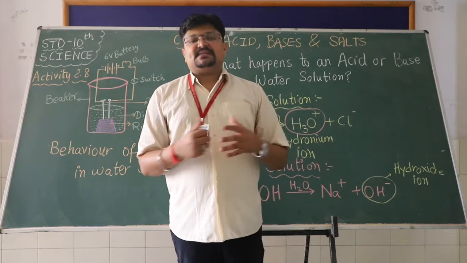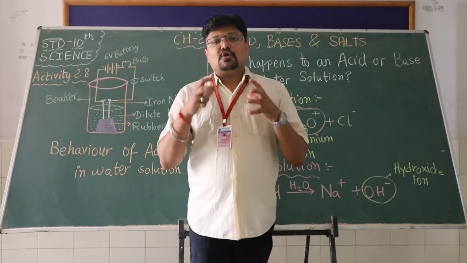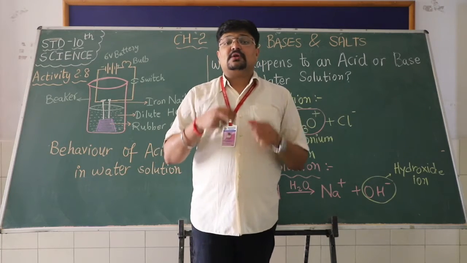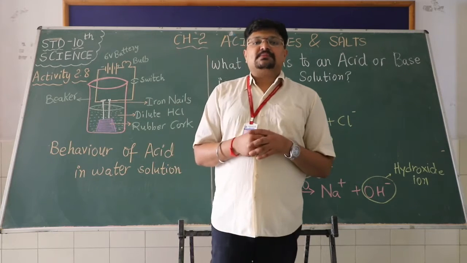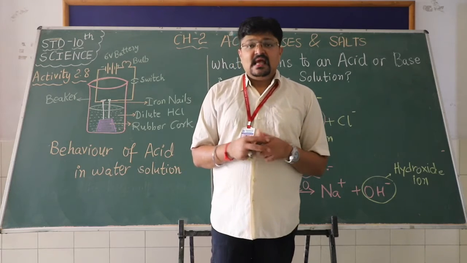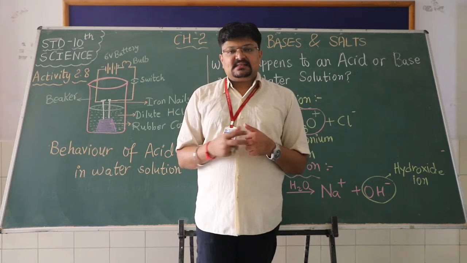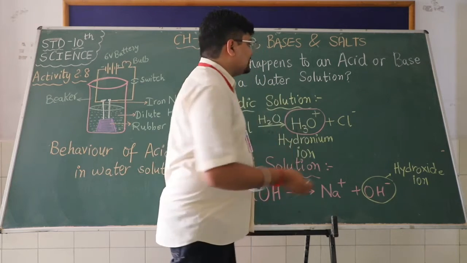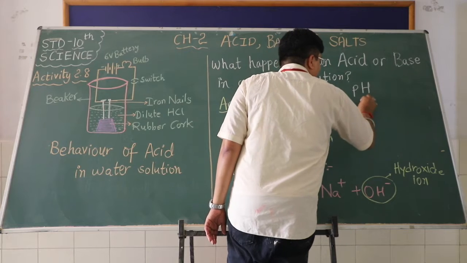So what is this pH actually? pH is nothing but a measure of the concentration of H+ ions or H3O+ ions inside a solution. This was found out by S.P.L. Sorensen. He took this as an equation: pH is the power of hydrogen ion, and pOH is the power of hydroxide ion.